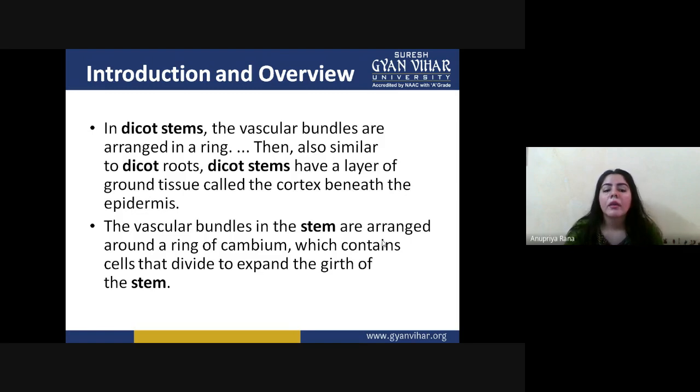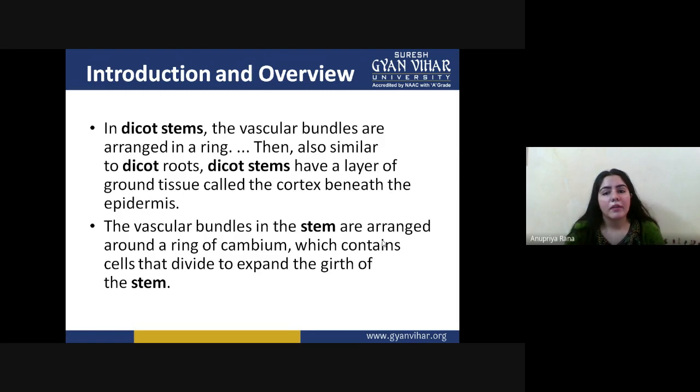Next, the vascular bundles in the stem are arranged in a ring of cambium. There will be a ring of cambium present in the vascular bundle, which contains cells that divide to expand the girth of the stem. So what is the major function of the cambium? Cambium is responsible for secondary growth in the plant.